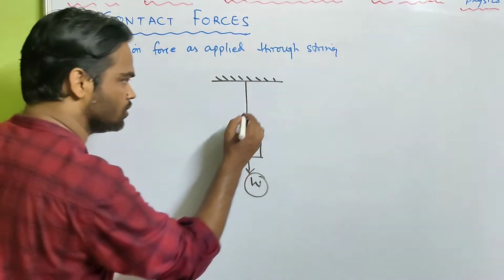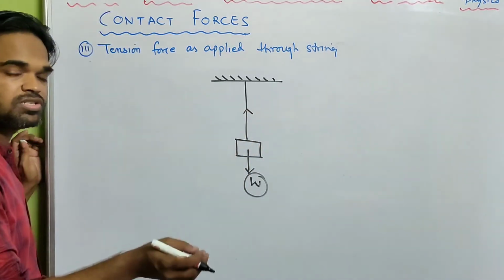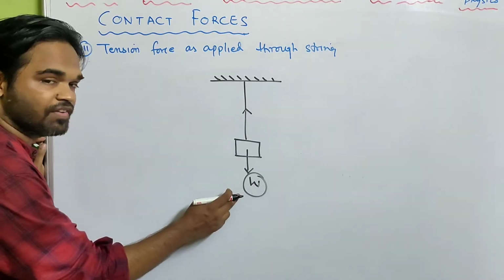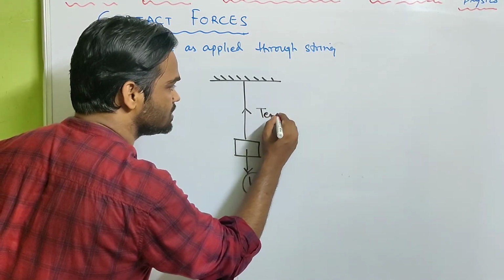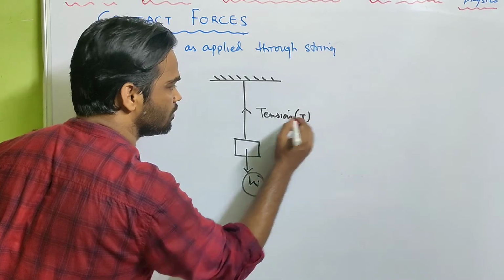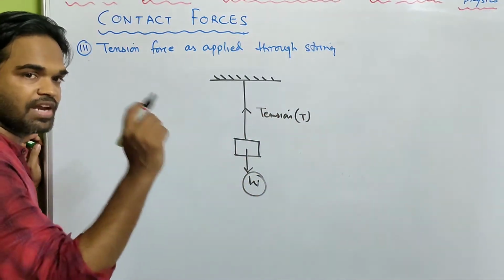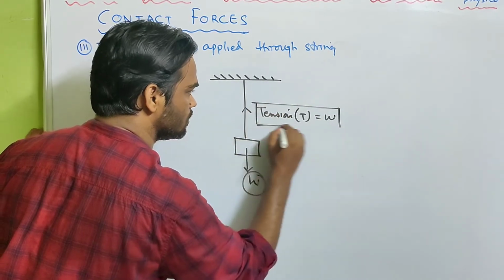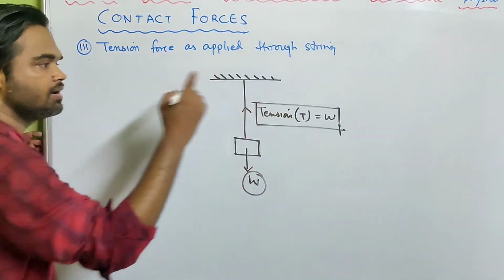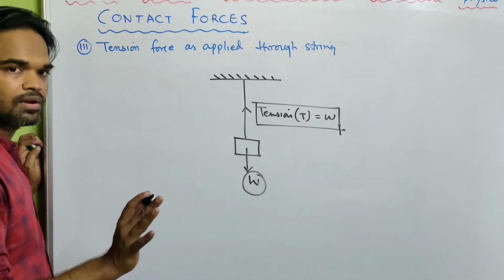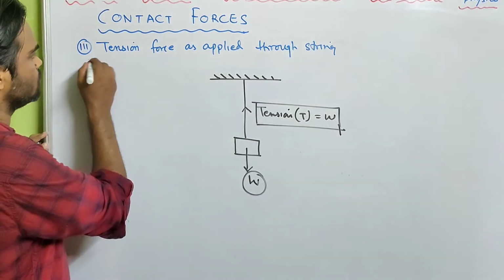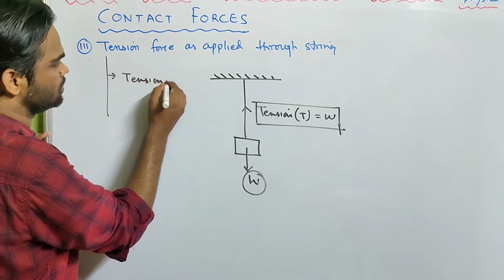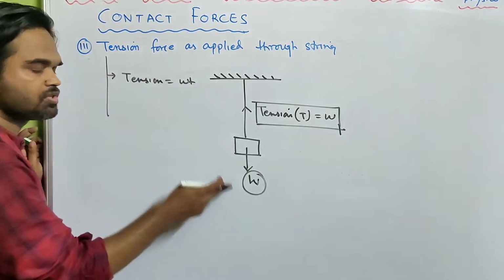In that scenario, the string pulls the body vertically upward with a force equal to the weight of the body, known as tension, which balances the weight of the body, which means in equilibrium, tension of the string will be equal to the weight of the body. Am I clear or not? So in equilibrium, tension is nothing but the weight of the body, in opposite direction.